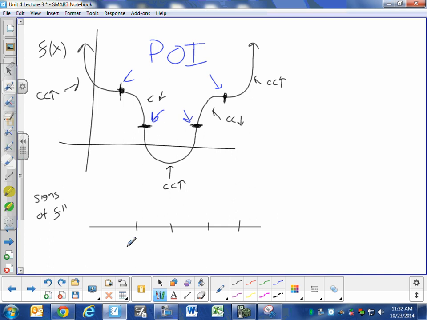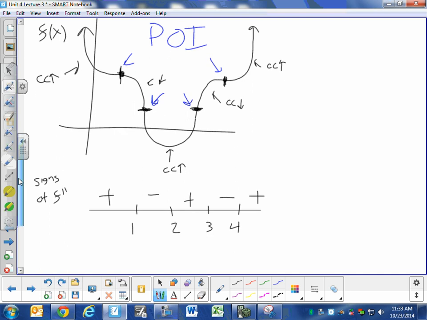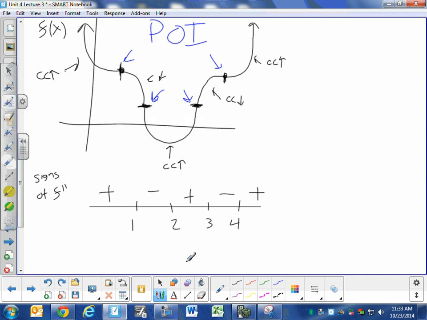Let's just assume this is at 1, 2, 3, and 4. Here, the sign of f double prime, since we are concave up, would be positive. Here, it would be negative, and it would be positive from 2 to 3, negative, then positive. This is telling me where we are concave up. This is showing me where we change signs and that we have points of inflection at all these locations.